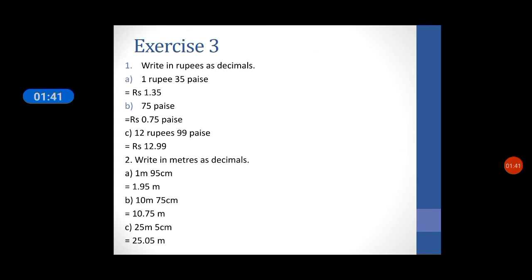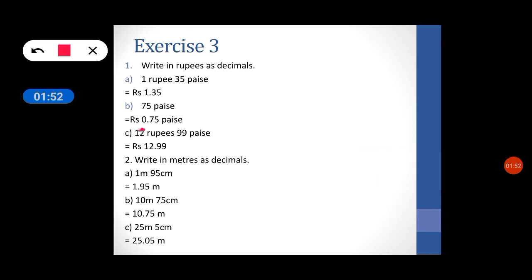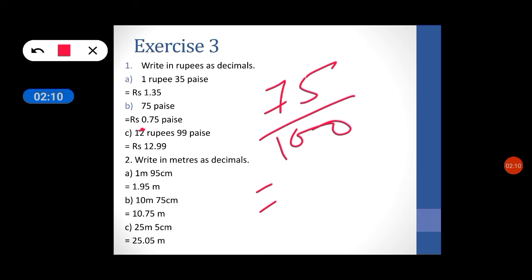Similarly, number B: 75 paise is there, but there are no rupees, so the whole number part is 0. Because there is no rupee part, the whole number part is 0. 75 paise, when you convert paise into rupees, is 75 by 100.